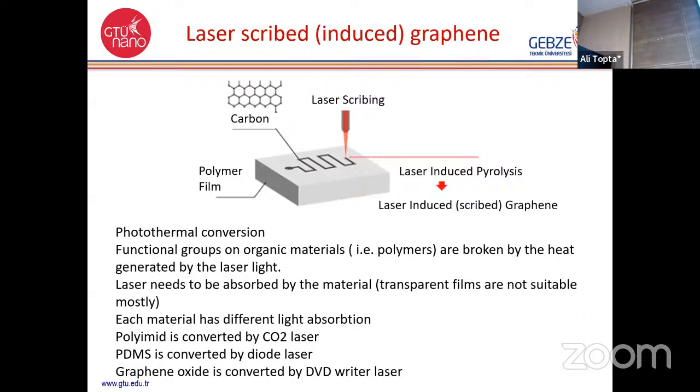Or if you want to convert graphene oxide to graphene with laser, then you have to use a UV laser because that material is self-absorbing. That kind of thing. So this is all if you have a polymer film, or any type of organic film, it could even be the surface of a fluid. You just have to check different types of laser to make sure that it absorbs correctly.